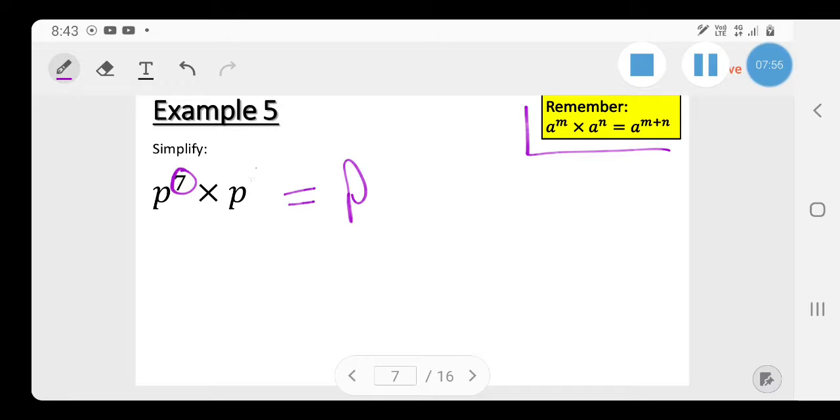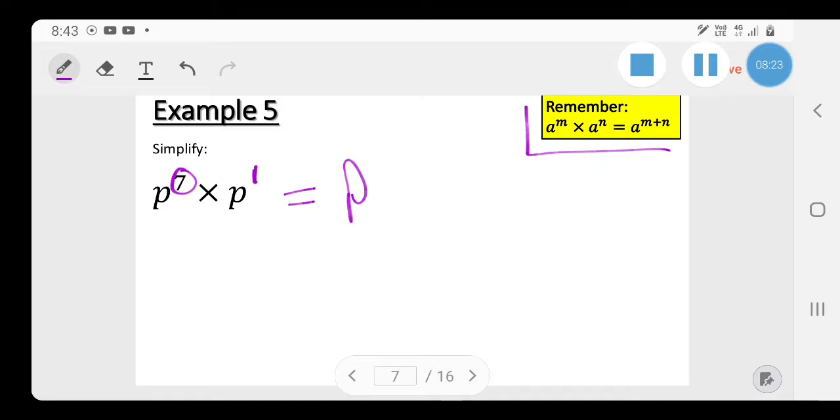7 plus 0, because there's nothing written there, is 7. But that is wrong because we know that mathematicians are lazy, and if you have P to the 7 times P, that really means P to the 7 times P to the power of 1. So if a variable or a number doesn't have a power written, it really does have a power.